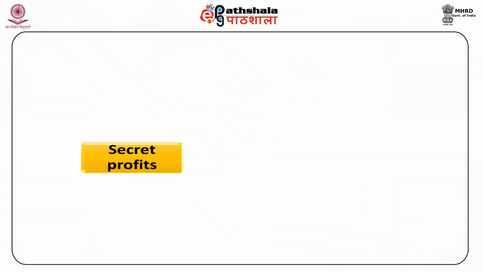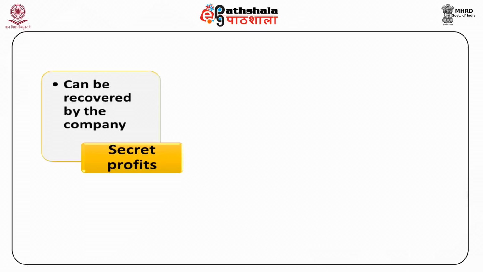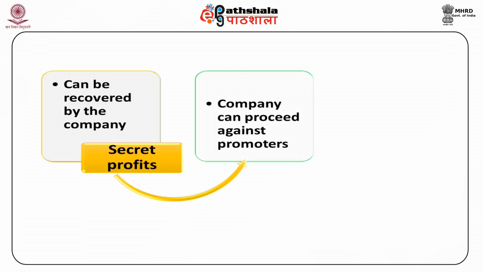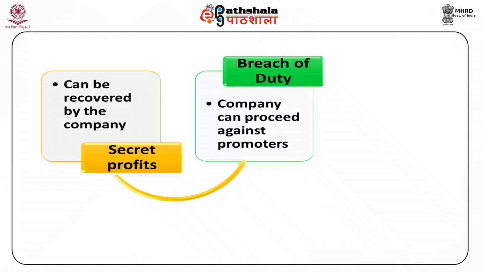Secret profits or undisclosed benefits of any type received by the promoters can be recovered from them by the company. The company can proceed against the promoters for any damage caused to it on account of their fraud or breach of duty.